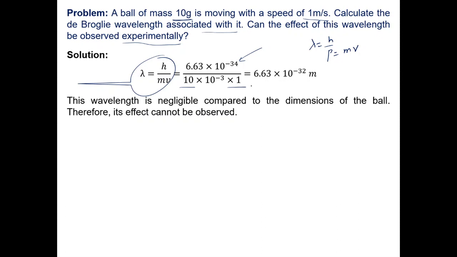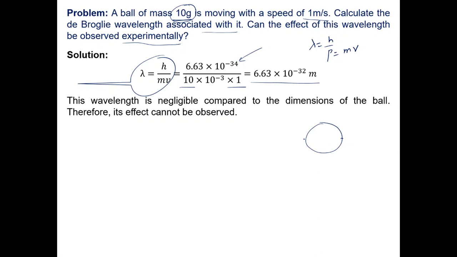So what we get for this kind of object, the wavelength associated with this is 6.63 into 10 power minus 32 meters. Now any ball with a mass of close to 100 grams would be of the size of at least a few millimeters or close to a centimeter. Compared to the size of that object, the wavelength associated with this is so small that you won't notice it.